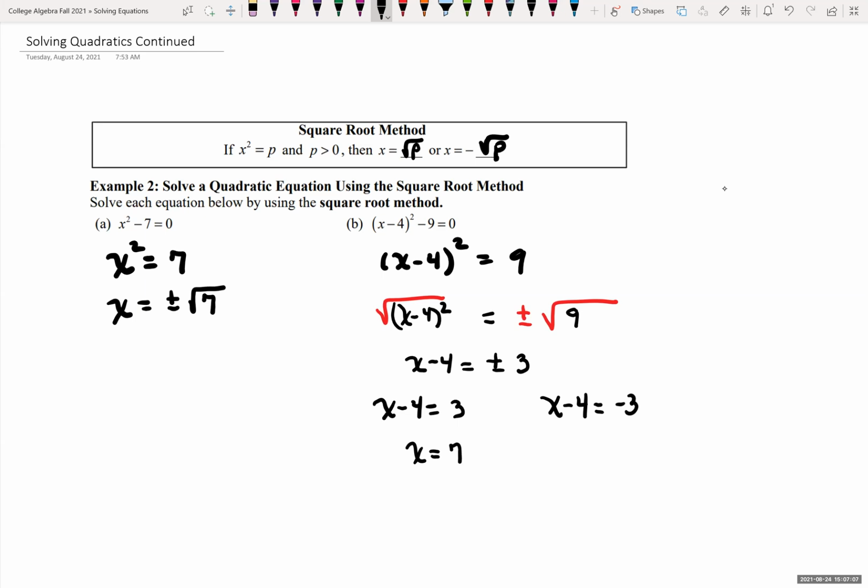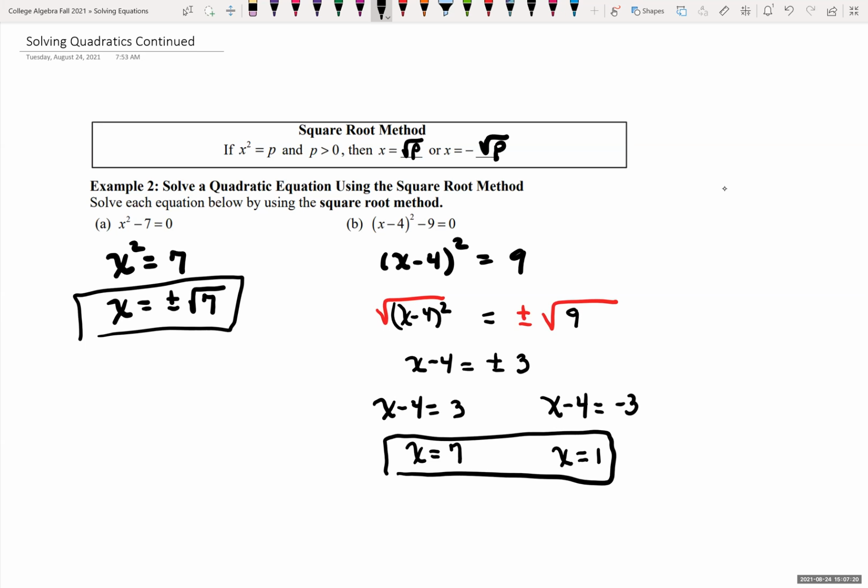Adding 4 to both sides, in this case, we get x is equal to, well, negative 3 plus 4 is positive 1.